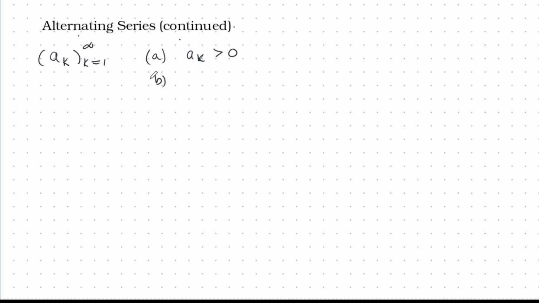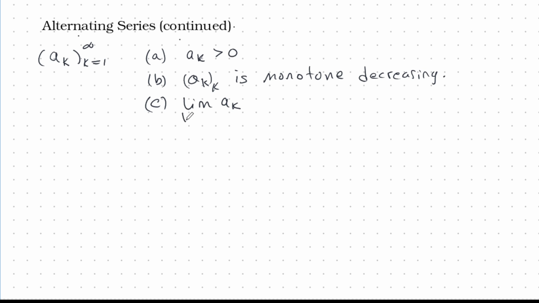Next, the sequence a_k is monotone decreasing. Again, a very reasonable, modest assumption. And finally, the limit of these sequence elements as k goes to infinity is 0.